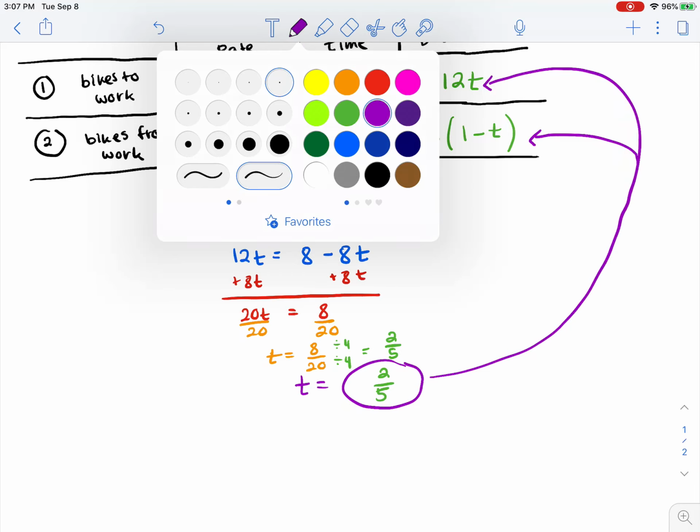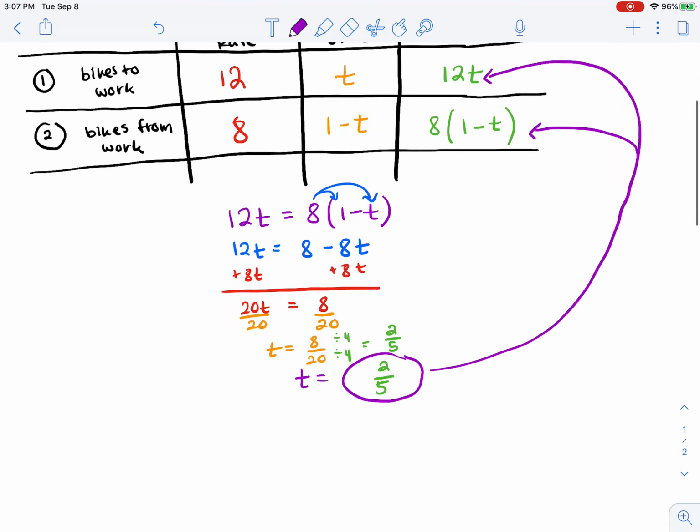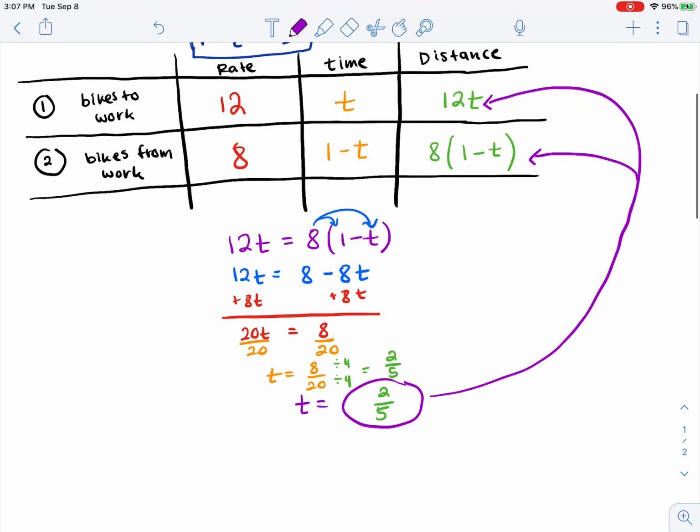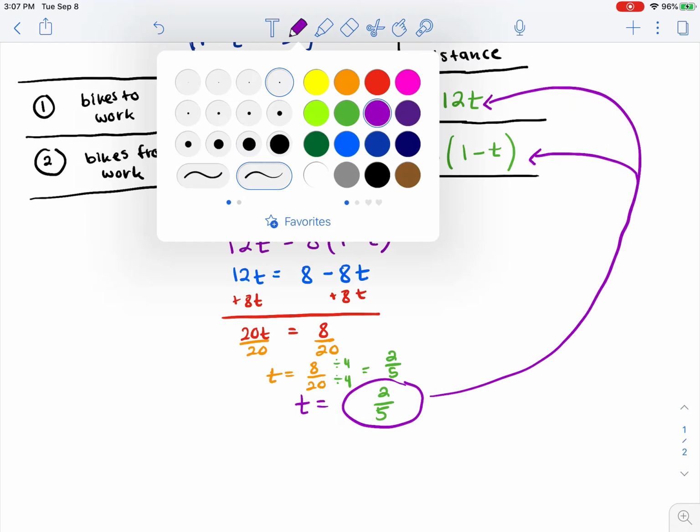So I'm going to take this t equals 2 over 5 and plug it into my distance. Once again, I'm going to use this 12t only because it looks like a little bit less work, more efficient than the second one. So I will plug this in and substitute it.